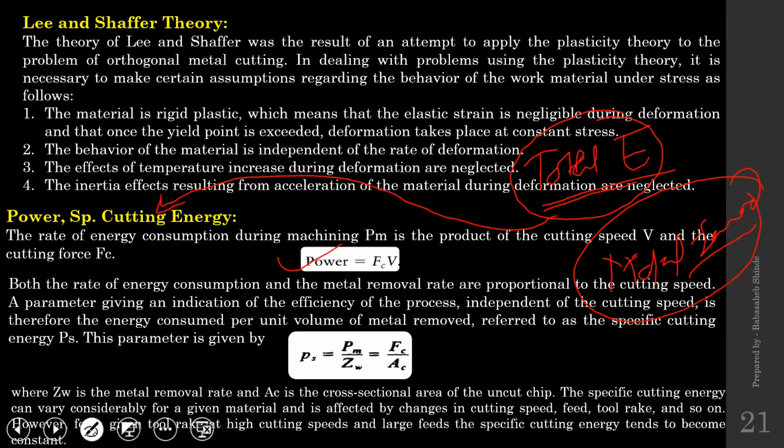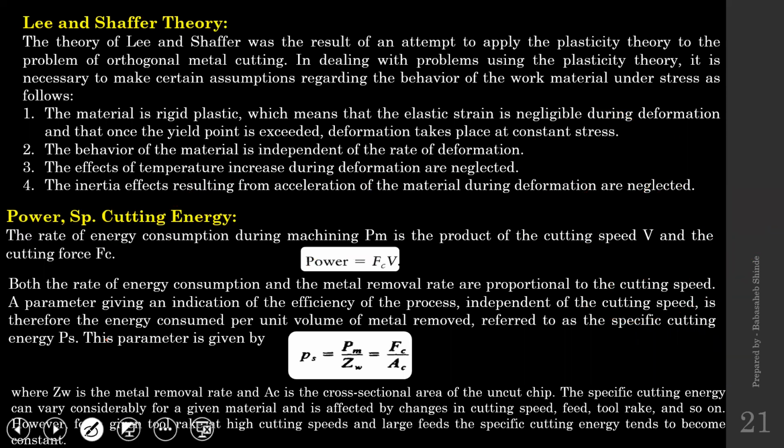We know that specific cutting energy is the energy required to remove unit volume of material, right? When you want to remove unit volume of material from the work surface, the energy required is the specific cutting energy.